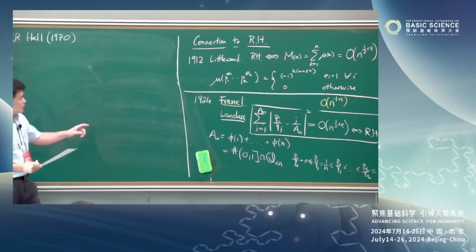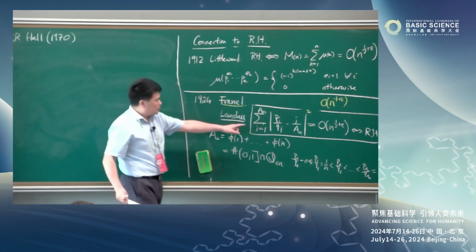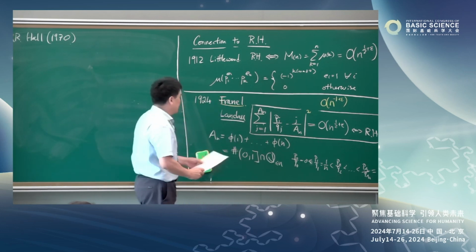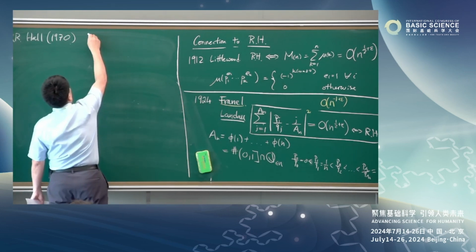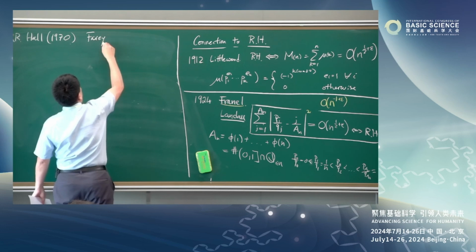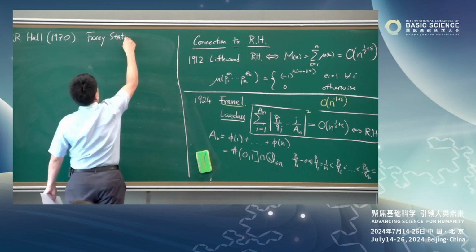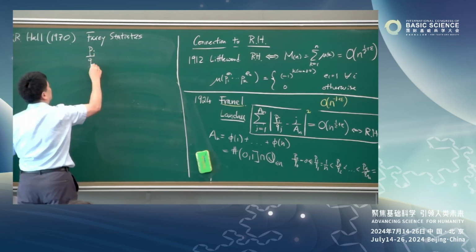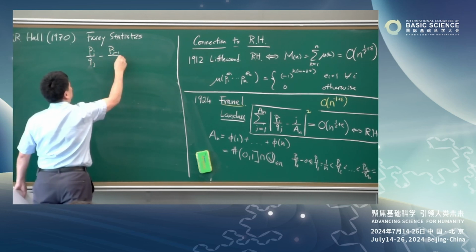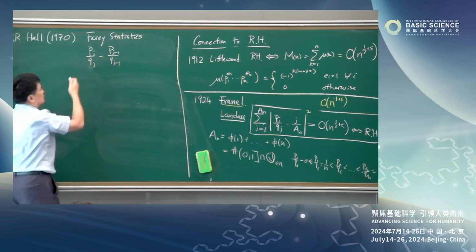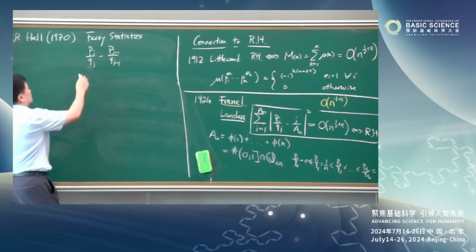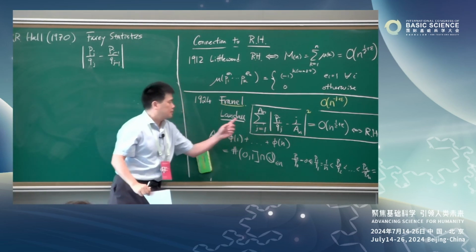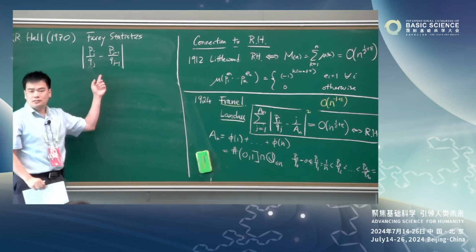What Hall does is he says, well, maybe this is not easy to analyze, but maybe instead you look at the Farey statistics. Maybe you look at p_j over q_j minus p_{j-1} over q_{j-1}. These are called Farey gaps. You look at the absolute value of that.